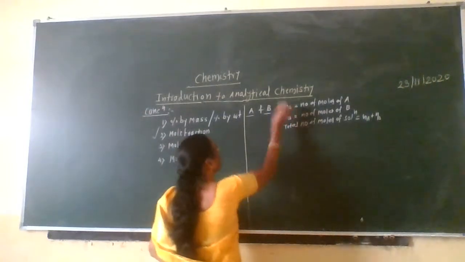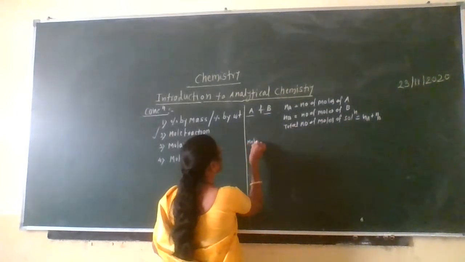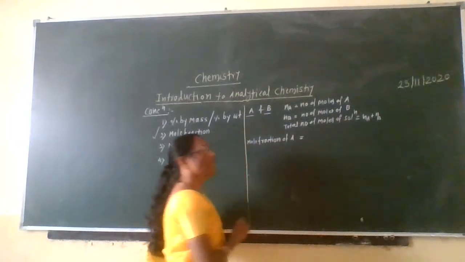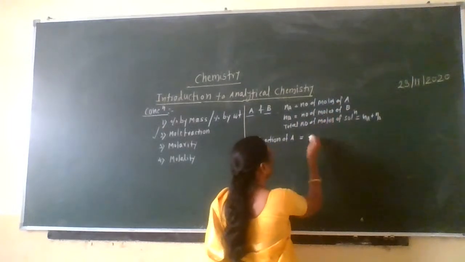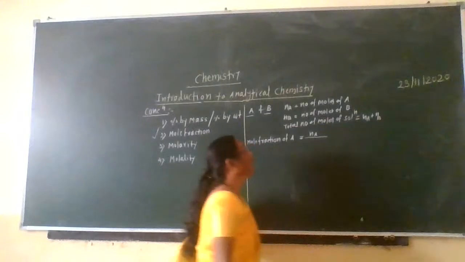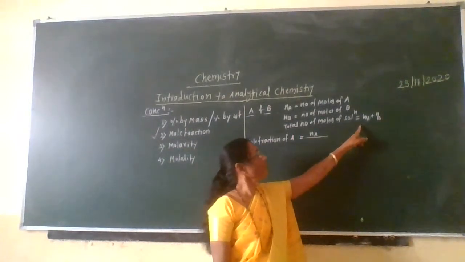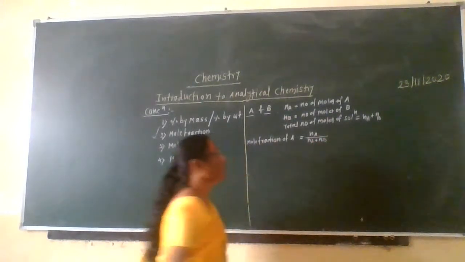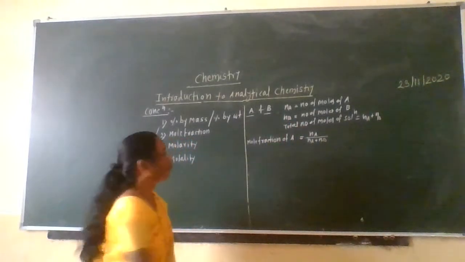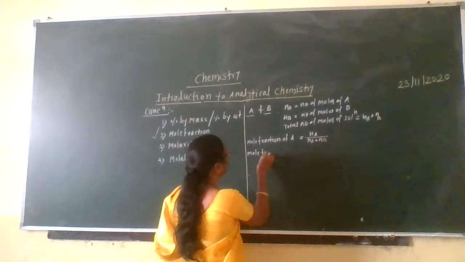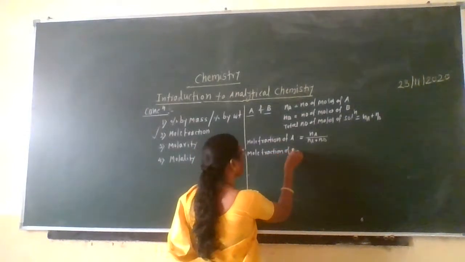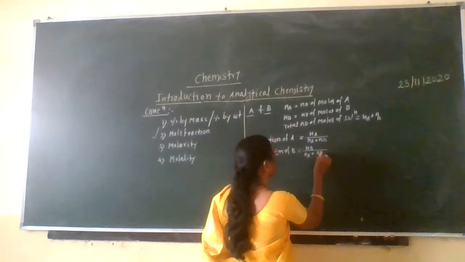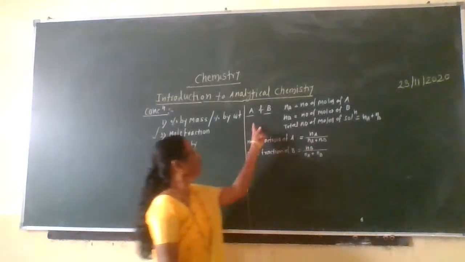That means for the component A, mole fraction of A is given by the number of moles of A, that is Na, divided by the total number of moles of the solution, that is Na plus Nb. Then mole fraction of B is Nb divided by the total number of moles of the solution, Na plus Nb. Understand?